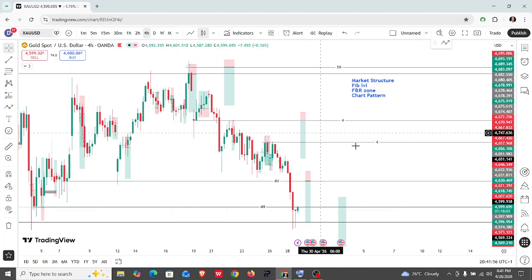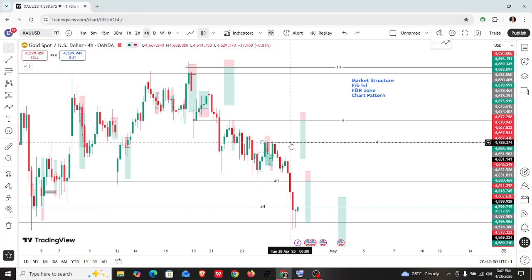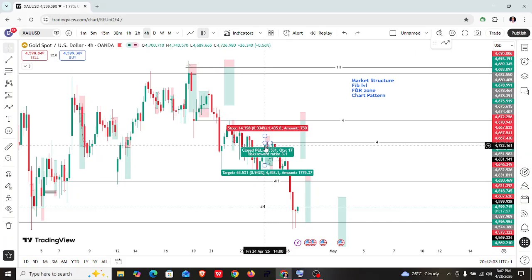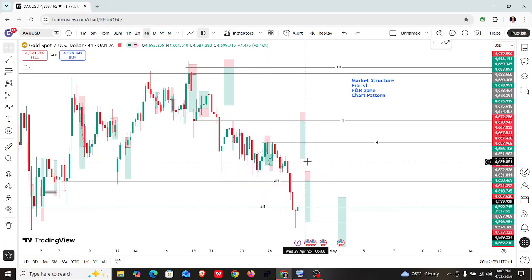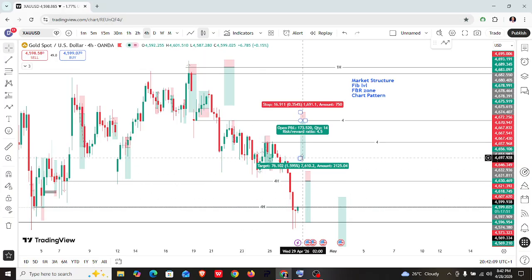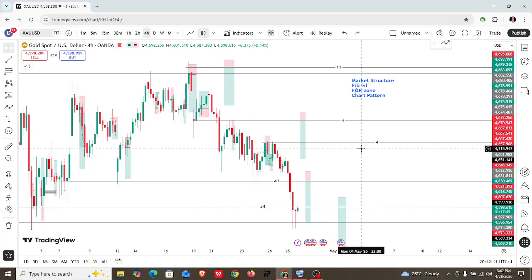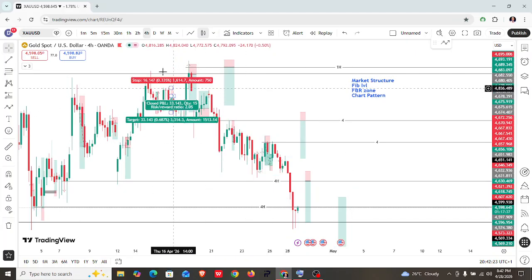Since this was the zone that broke the structure, look at it, we are expecting price to get back to this zone, or to my Fibonacci level, for me to sell.